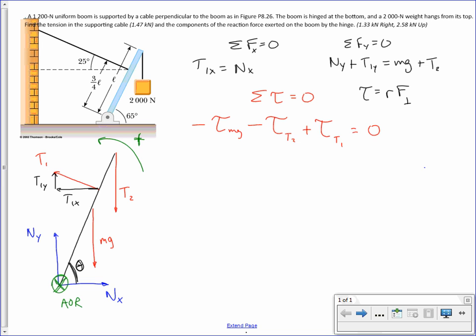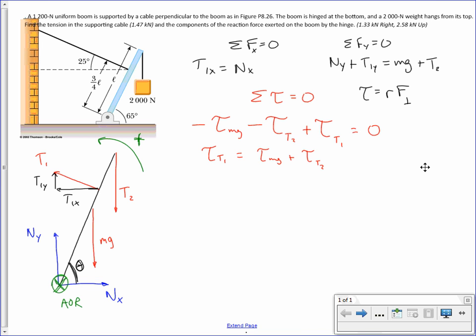The torque from T1 will be positive. There's our net torque statement. We want the tension, so I'm going to leave it by itself. The torque from tension 1 is equal to the torque from mg plus the torque from T2.